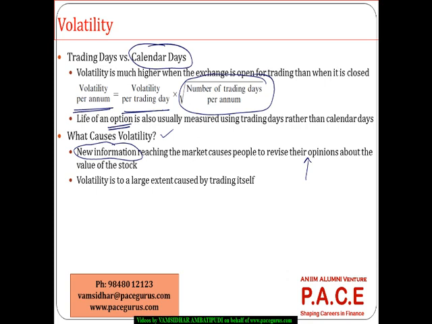If more people think the news is positive, a lot of buying happens. If a lot of people are pessimistic about the news, a lot of selling happens, which results in the stock price falling drastically. In either case, the volatility is much more severe. So, to a large extent, we find that the volatility is caused by the trading itself.